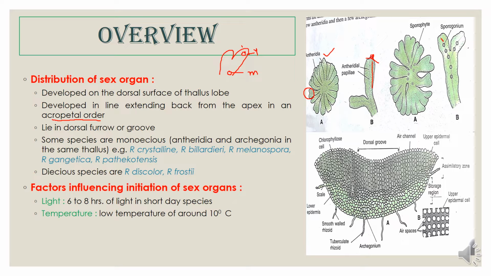This is the mature sex organ. So the young sex organs occur at the tip, and this type of development is called acropetal development.